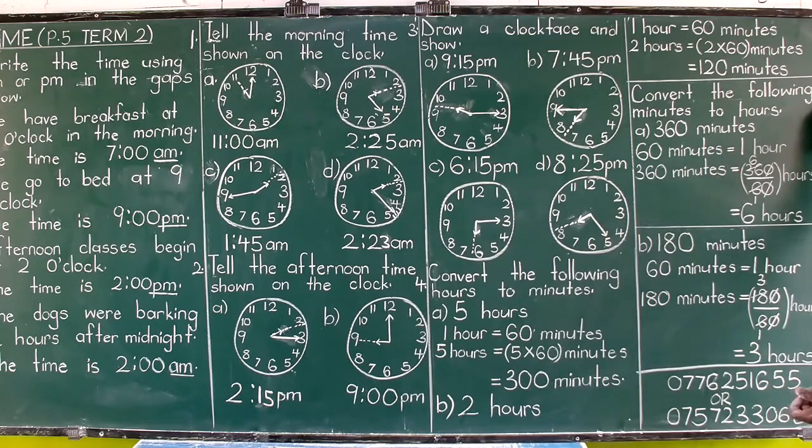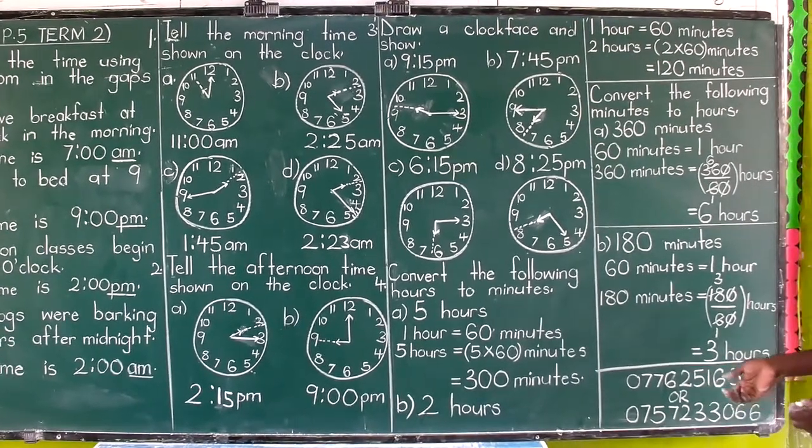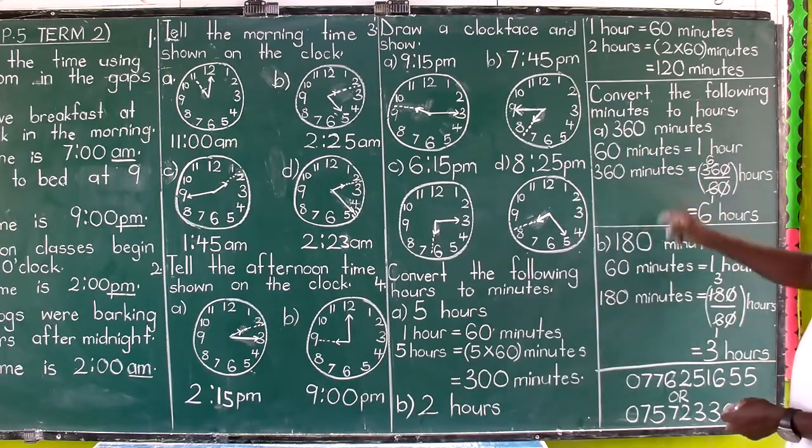Now let's see how one can convert the other way around, that is from minutes to hours. That's why we say convert the following minutes to hours. Part A, we've got 360 minutes to be converted to hours. This time around, you state it the other way around, starting with 60 minutes. You say 60 minutes equal 1 hour. What about the given 360 minutes?